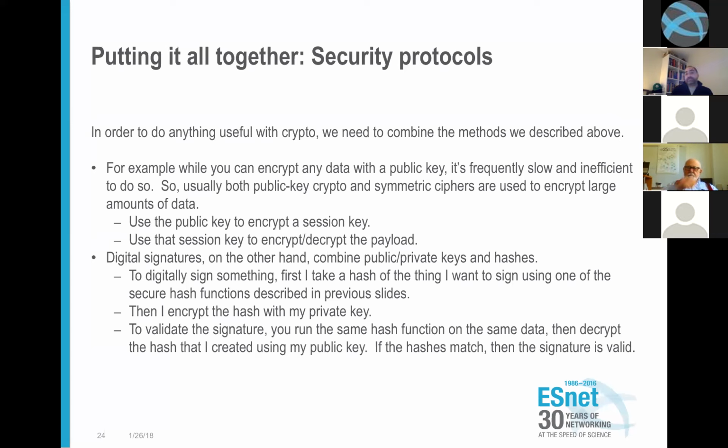Basically what you do is you take a SHA-1 hash of a message, you take that message digest, and you encrypt it with your private key. Then if I want to validate the signature, I decrypt it with your public key, and I run the same hash algorithm on the message data and see if the two message digests match, now that I've decrypted the message digest. That's the basic way a digital signature function works.